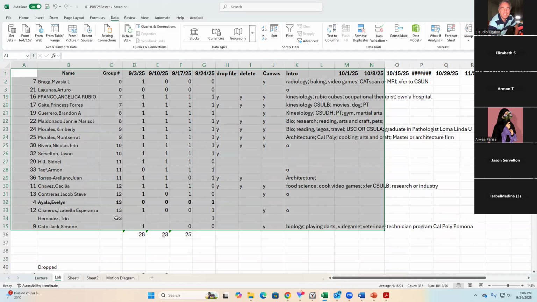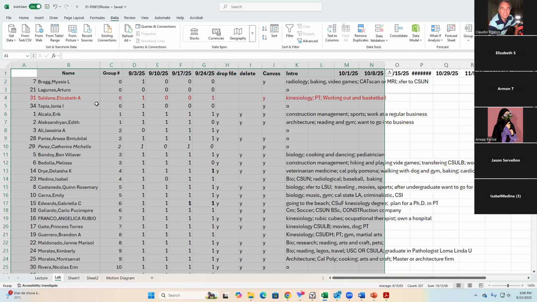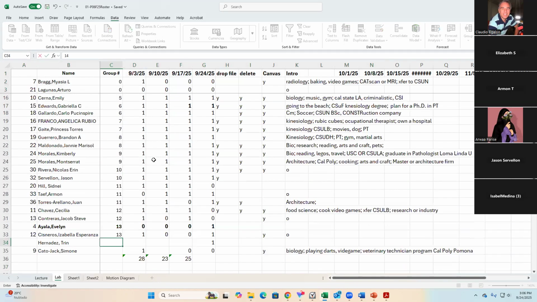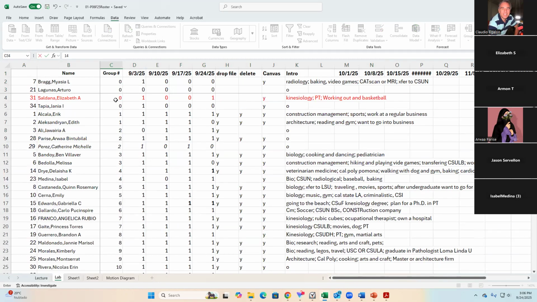Trin, sorry to change it now, but why don't you join Elizabeth instead? Elizabeth Saldanha, since she doesn't have a group, I'll put you in group 14, together with Elizabeth. Okay, exchange your contact information with Trin.